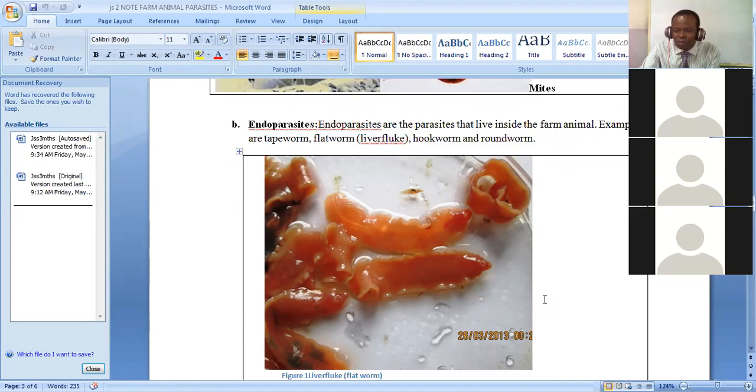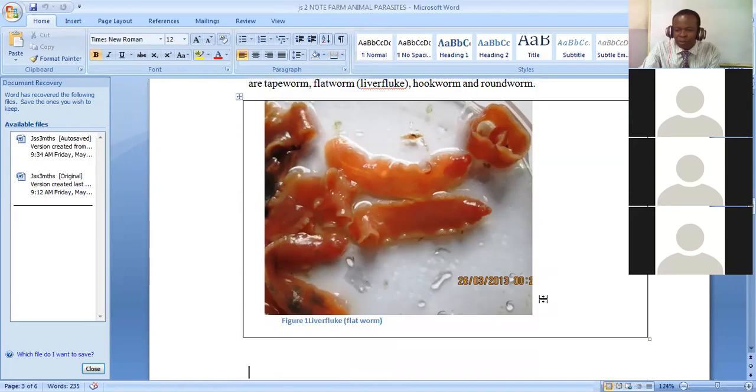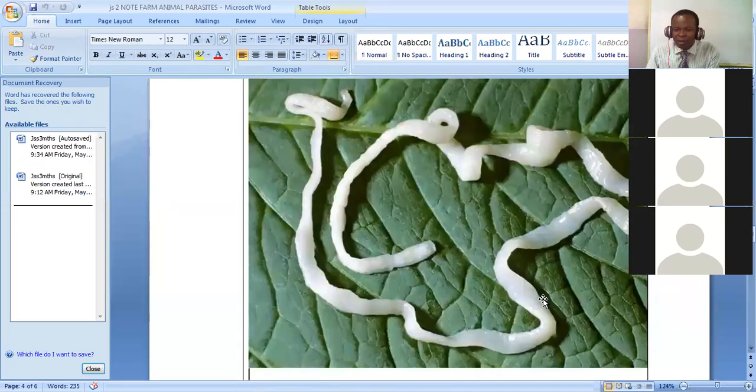Now, the next one I'm showing you, look at it. It's on a green leaf, but it's whitish in color, from colorless to being whitish. You see it's very long. It's like the measuring tape that a tailor uses.